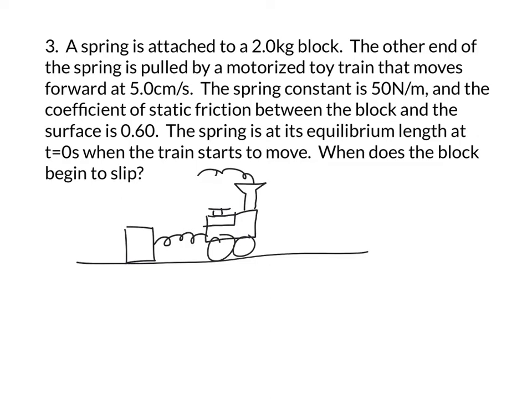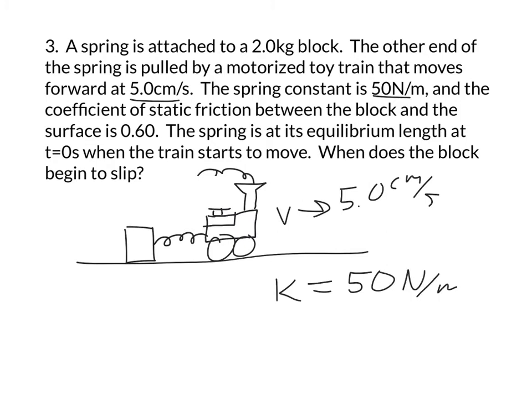And the toy train is moving forward that fast. So the velocity forward is 5 centimeters per second. And the spring constant is 50 newtons per meter. So we have a k value of that spring, like so.